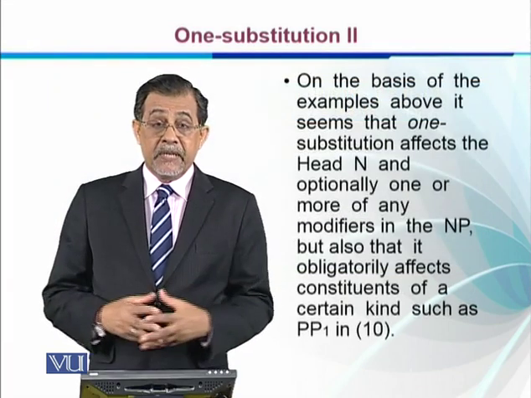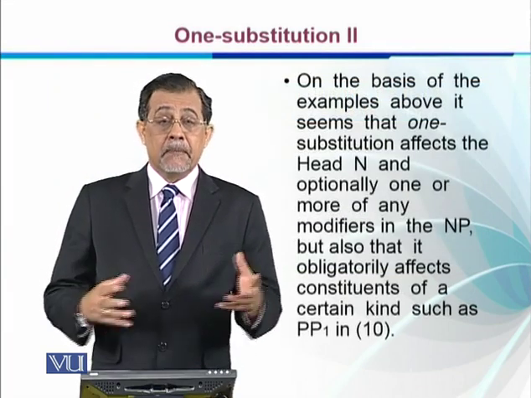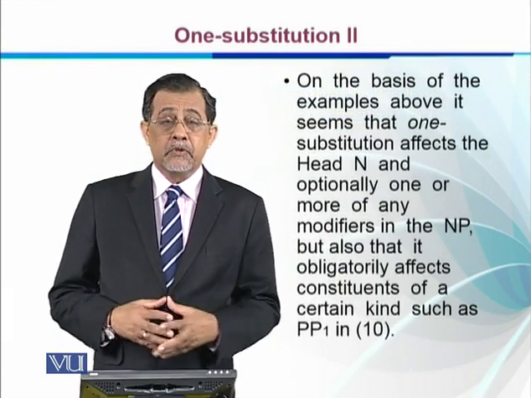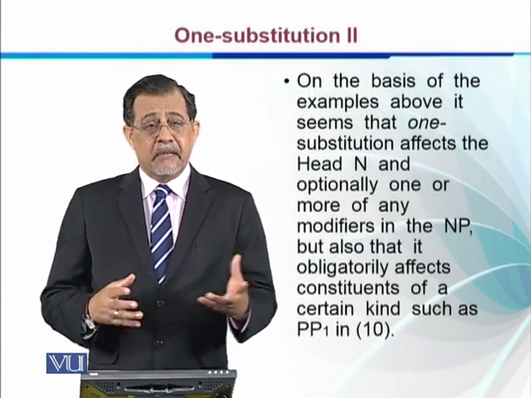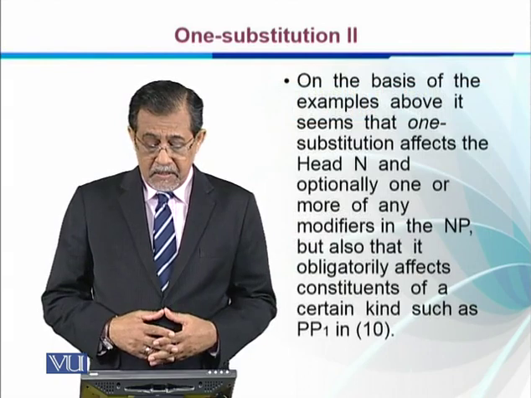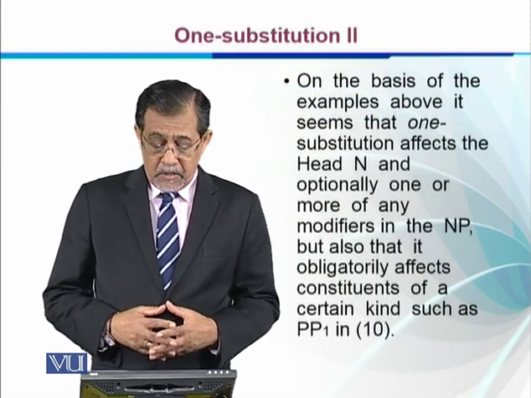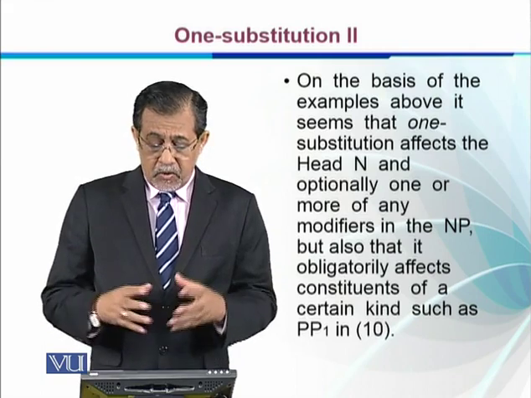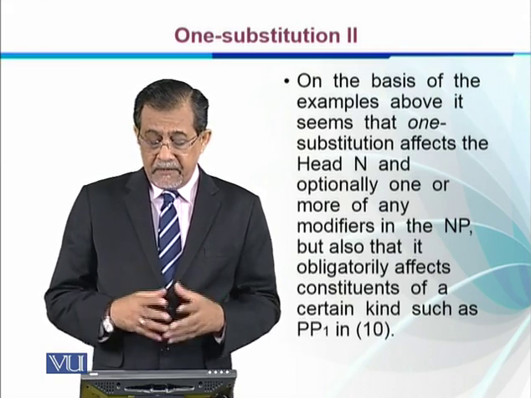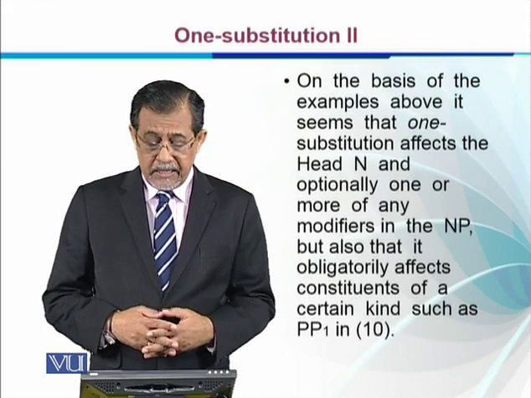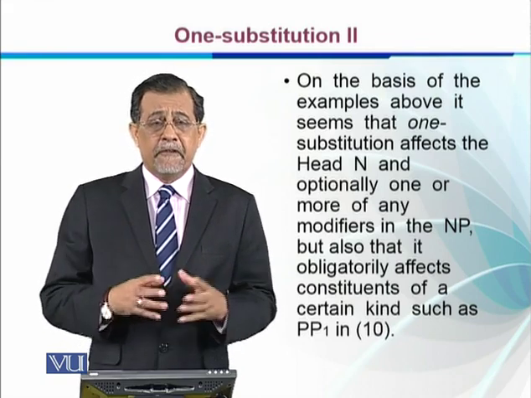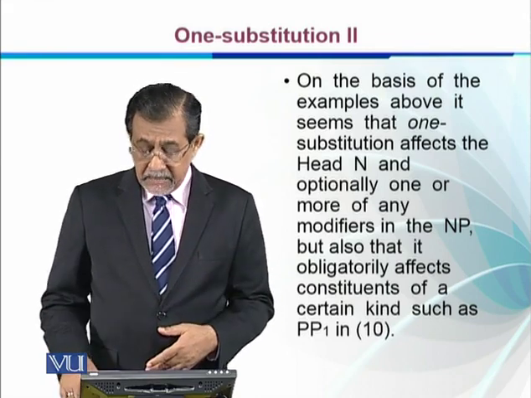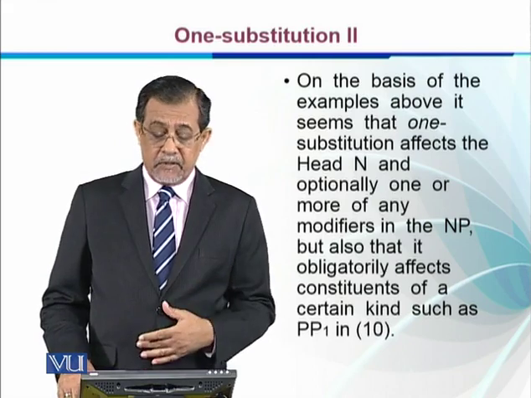On the basis of the examples we've been talking about, it seems that one substitutes either the head noun or sometimes, optionally, one or more of any modifiers in the noun phrase, but also that it obligatorily affects a constituent of a certain kind, such as prepositional phrase 1, as we have seen in sentence 10.